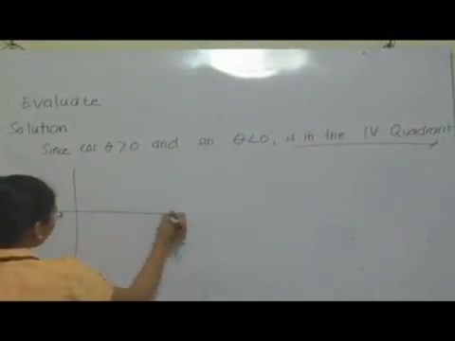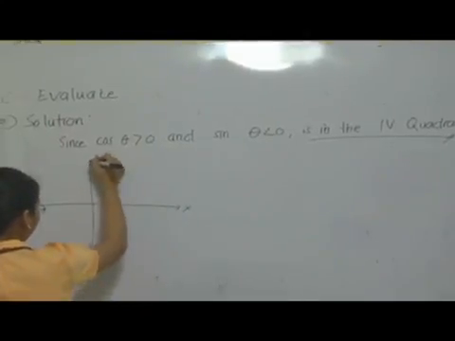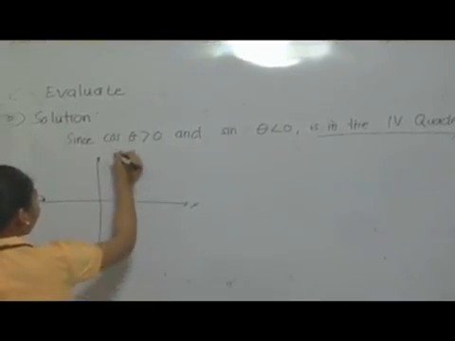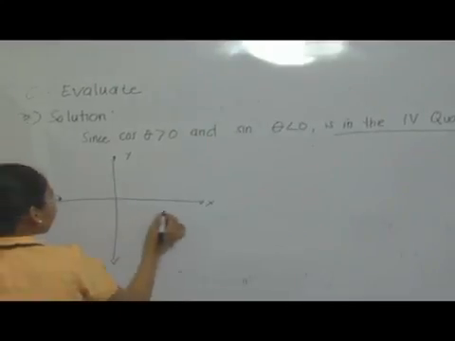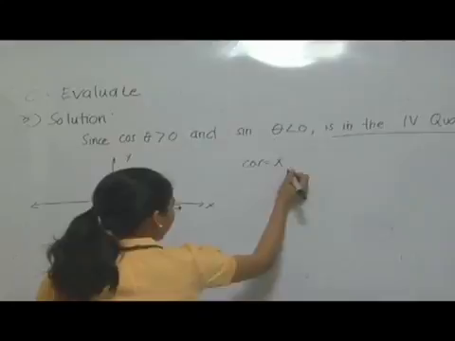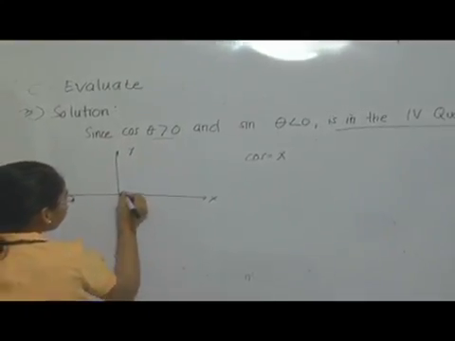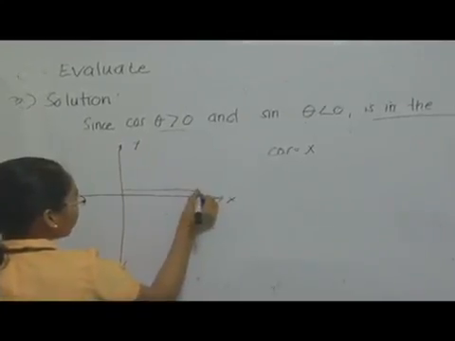If we try to draw a Cartesian plane, this is the x and this is the y. Since cosine is just equal to x, and it is said that it's greater than 0, the cosine value is here.